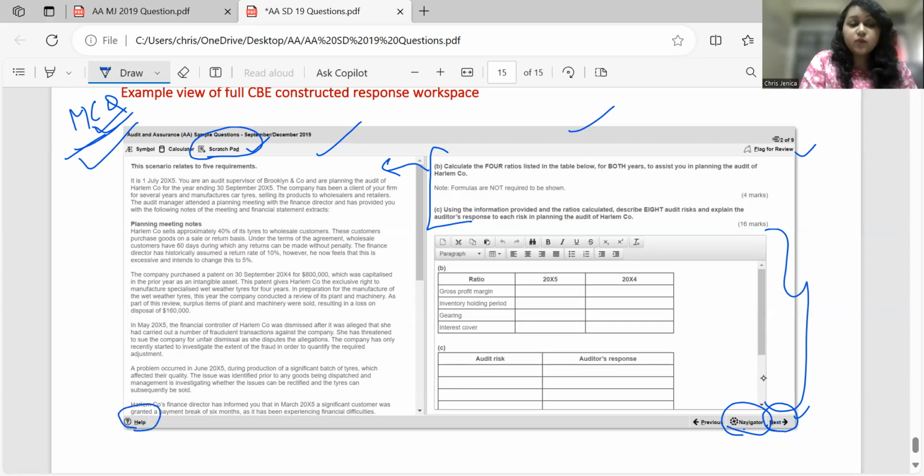This help button will give you the formulas. As far as AA is concerned, you don't have any formulas, but for other papers, you can click on this to get the formulas. You can also carry your own calculator or you can use the calculator here. So this is what I wanted to discuss regarding the CB view.